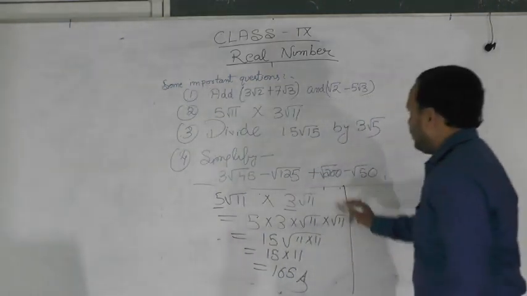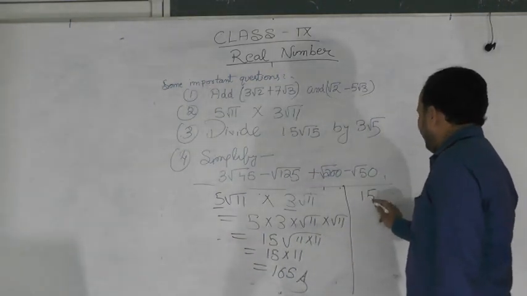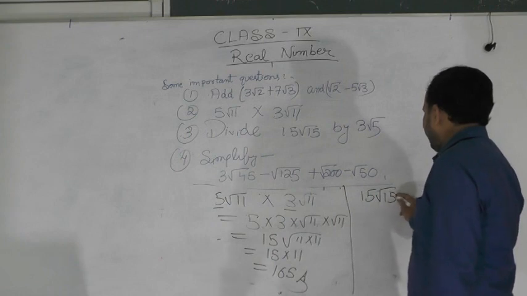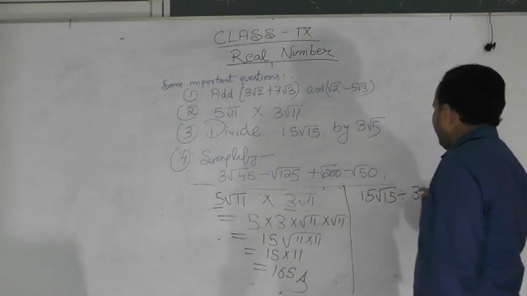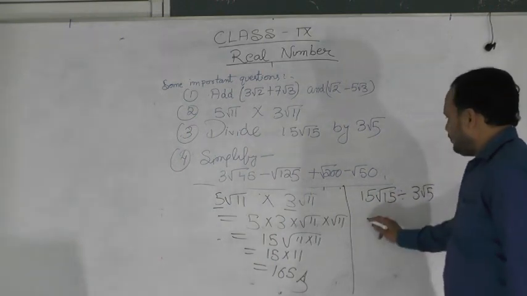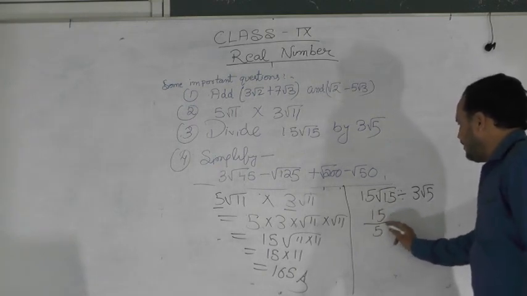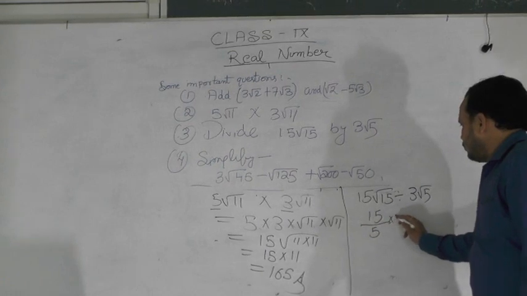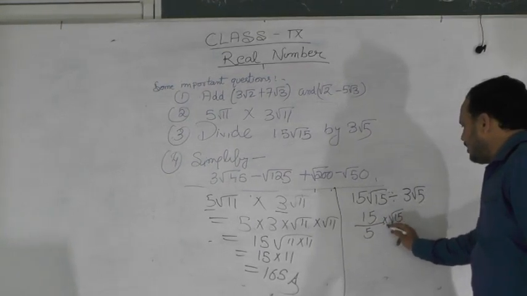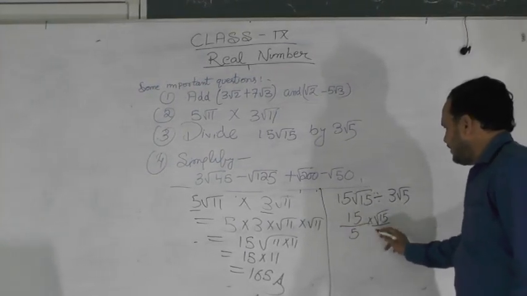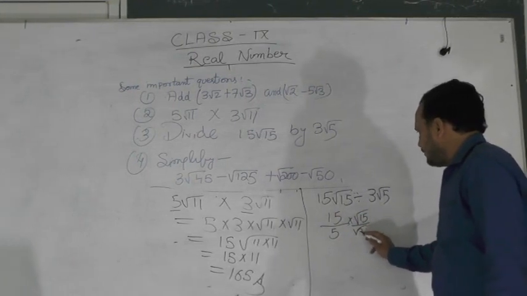Now, the third one is you have to divide 15 root 15 by 3 root 5. How can you do this? You can write 15 by 3 into root 15 by 5, taking the rational part on one side and the irrational part on the other side.